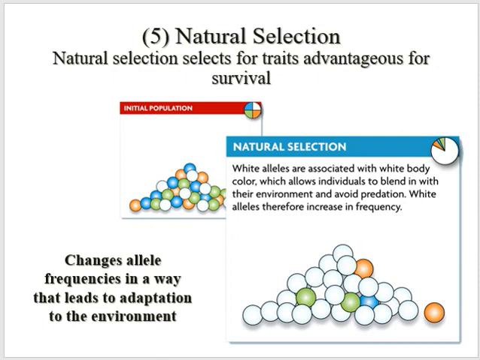The answer is genetic variation. Right? Genetic variation must exist for natural selection to occur. And again, as I said previously, the ultimate source of genetic variation is mutations. Now, once variation exists, it can be affected by independent assortment and genetic recombination during gametic formation, which occurs in meiosis.